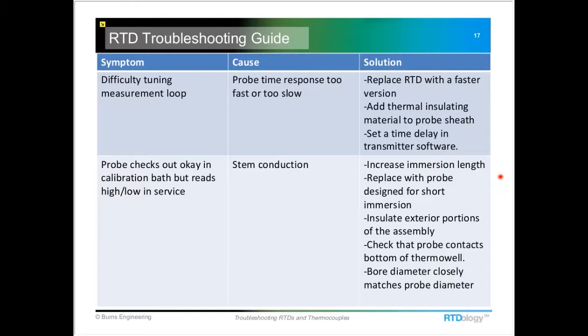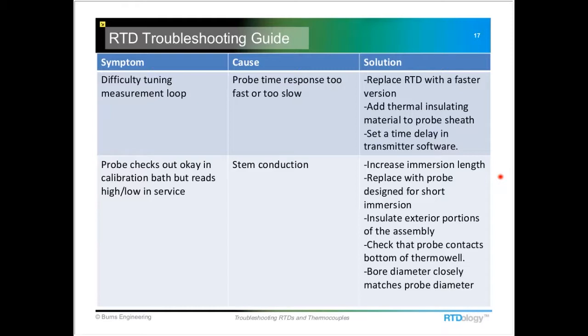Because what's happening is that if the probe is in a hot process and you've got 70-degree Fahrenheit room temperature, it's going to have a bit of a cooling effect on that probe, and the probe's going to see that if the immersion length isn't sufficient or you don't have the right style probe installed there. So it's easy to wrap some insulation around it.